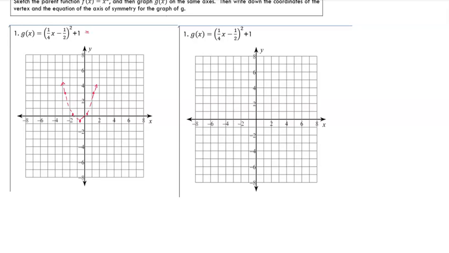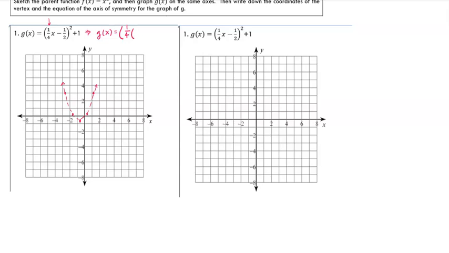If you take a look, notice that you don't have that factored out, the 1/4. That b value needs to be factored out. Whatever that horizontal dilation is, it needs to be identified. So I'm going to rewrite g of x equals, factor out a 1/4.